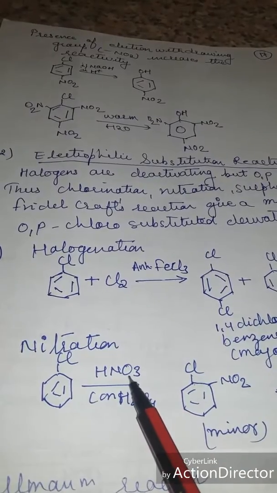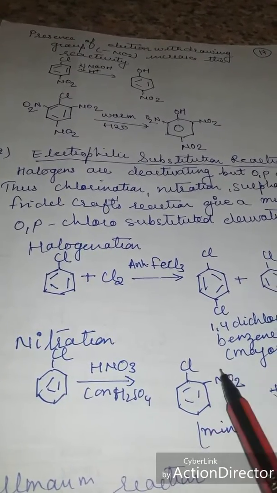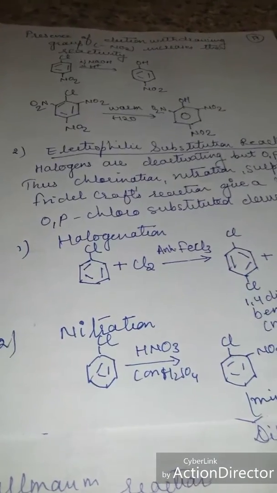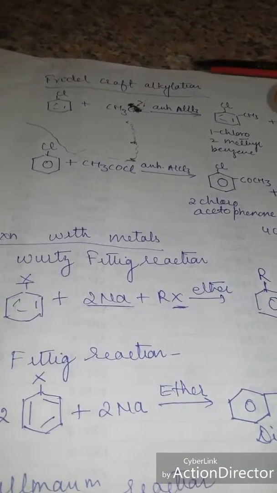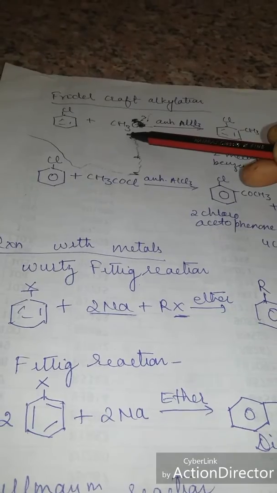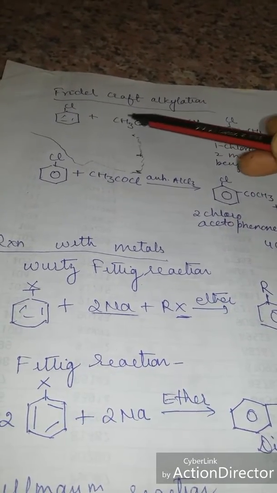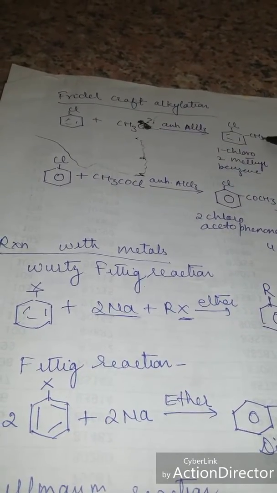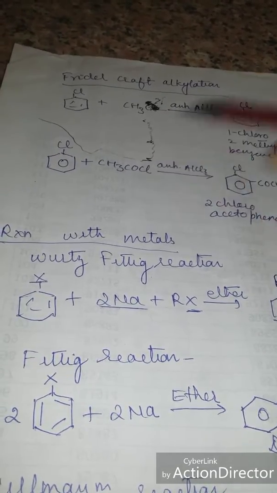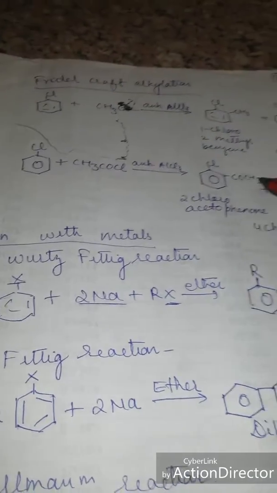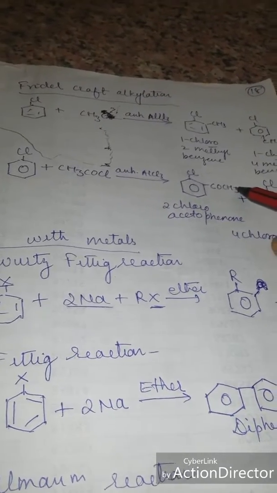Similarly, nitration in presence of nitric acid gives nitro group at ortho and para position. In Friedel-Crafts alkylation, the alkyl group will be attached again at ortho and para position. In acylation, the acyl group will be attached again at ortho and para position.